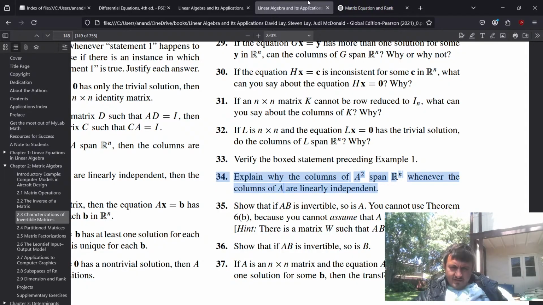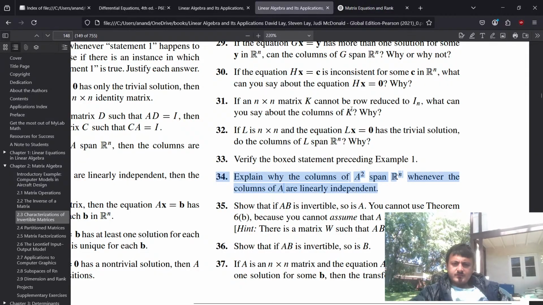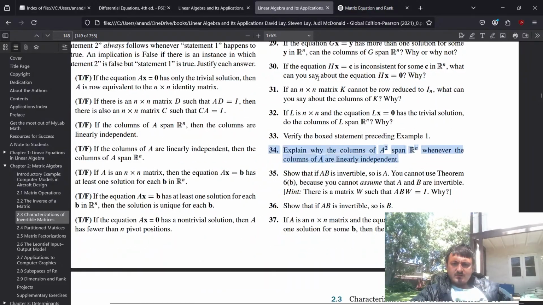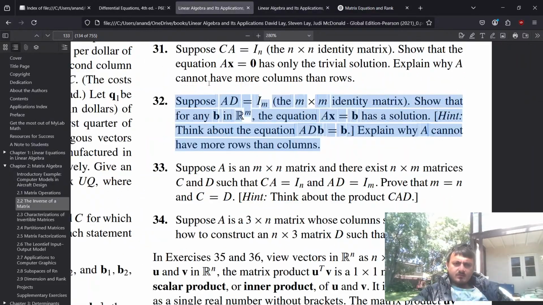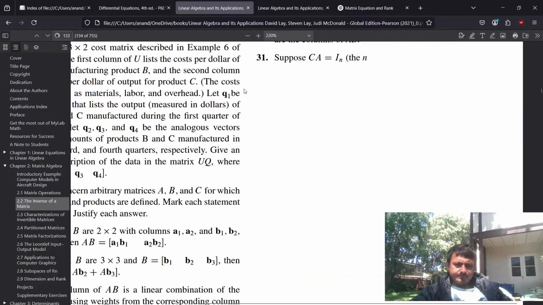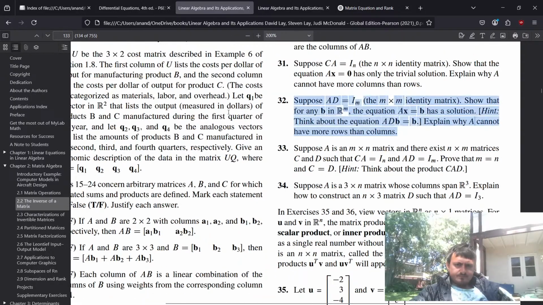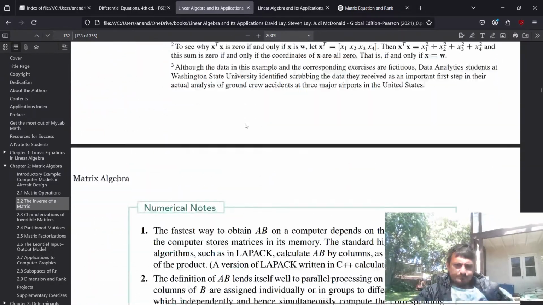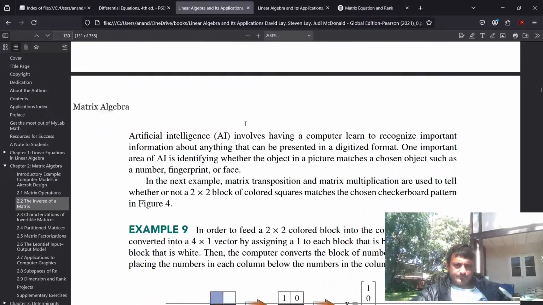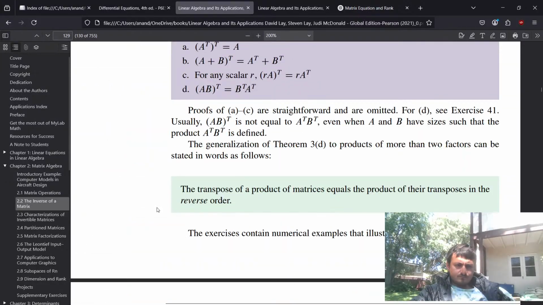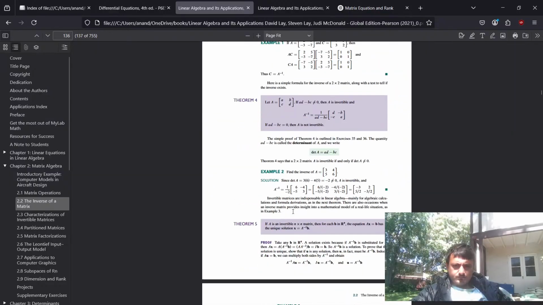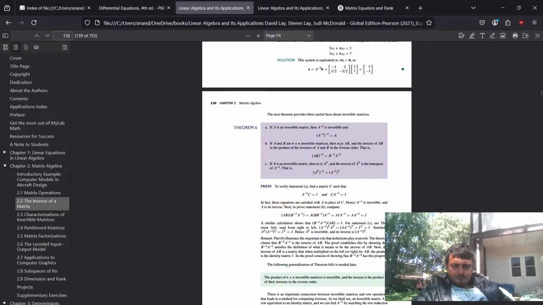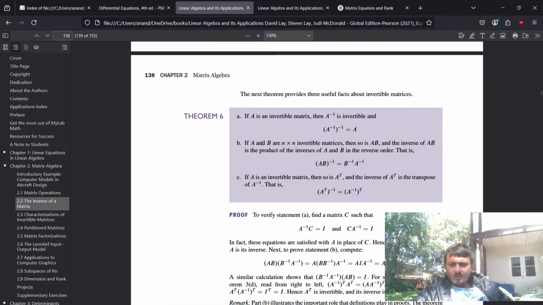Show that if AB is invertible, so is A. Yeah, that's what I was thinking.